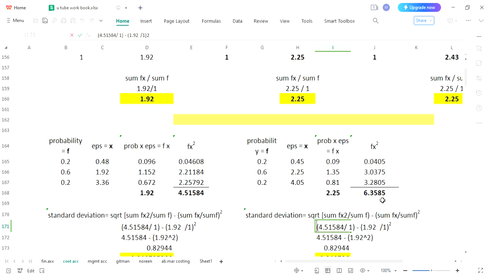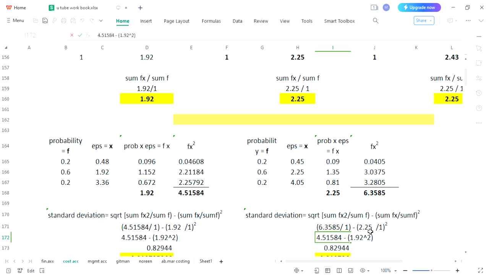Fx square is 6.3585, divided by the sum of f, which is again equal to 1, and then subtract Fx, which would be changed to 2.25 divided by 1 and squared. That has been completed. Let's change this formula.